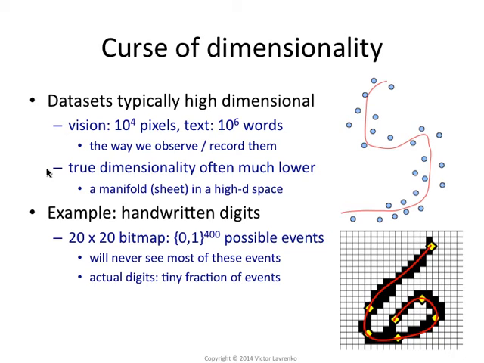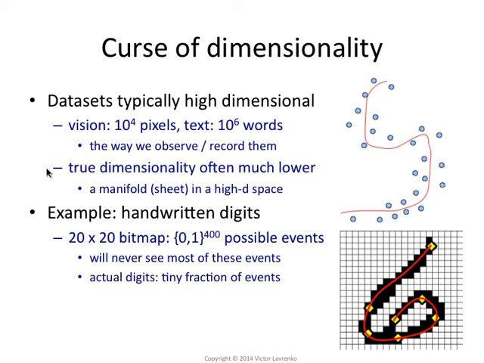Now, the thing that you want to realize is, yes, these bitmaps really live in that space, but they don't fill that space. They occupy a really, really tiny corner somewhere in that space, and the rest of the space is filled with things that are not digits at all.